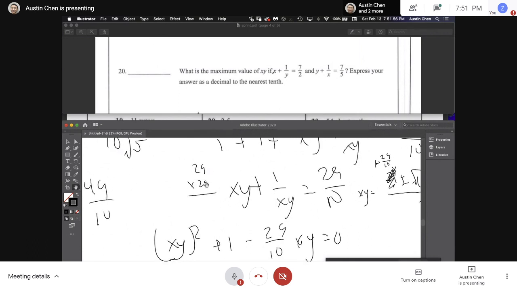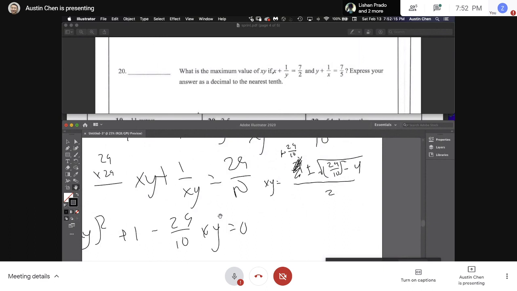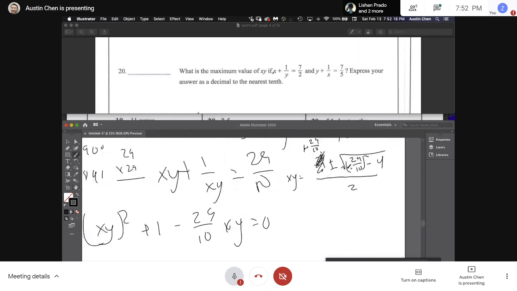Another way that might be slightly faster is knowing that 30 squared is 900, and then 29 squared is this minus 30 minus 29. So this minus 59, which is just going to be 841.